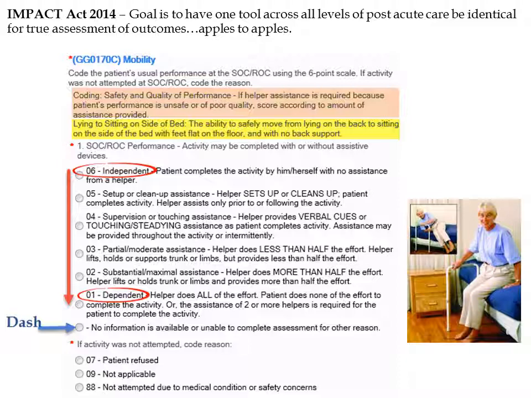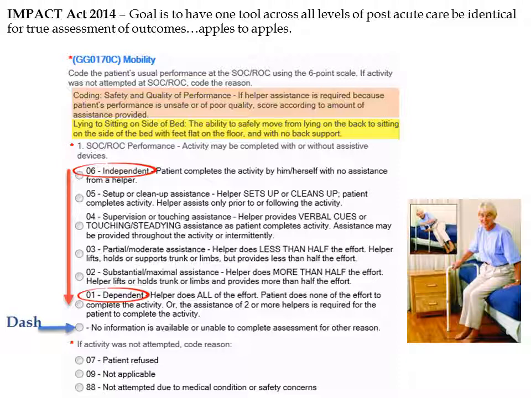item to OASIS. This is part of the Impact Act of 2014, where CMS is attempting to have all of the assessment tools from all levels of post-acute care be the same, so that you can compare patient progress, apples to apples, as it were, from the very beginning.